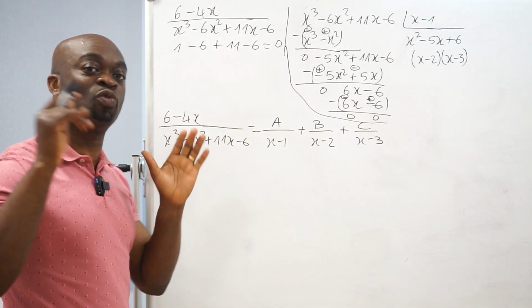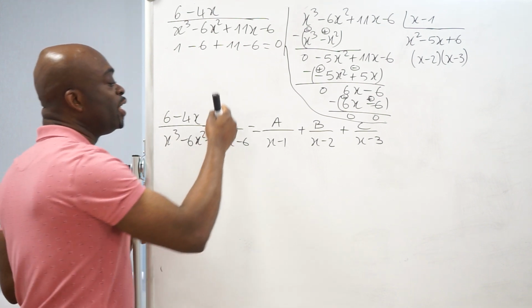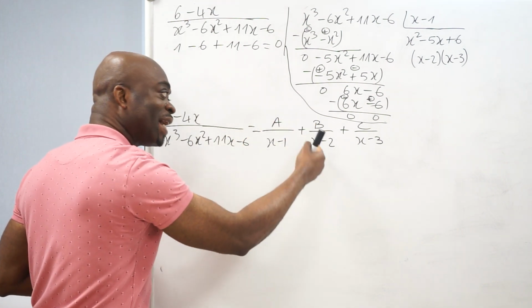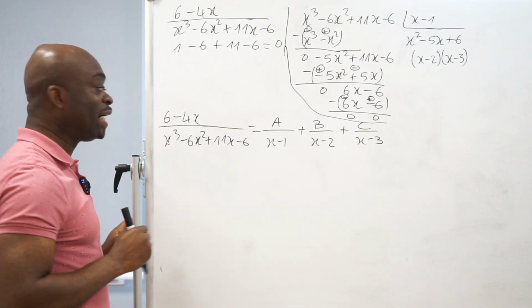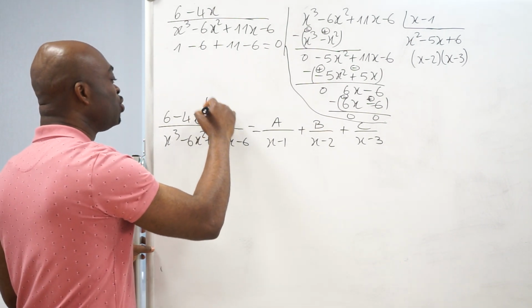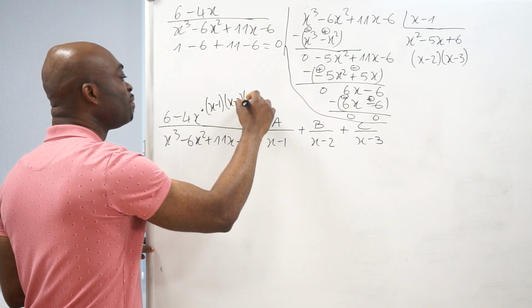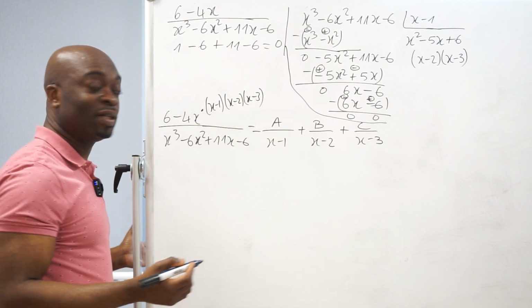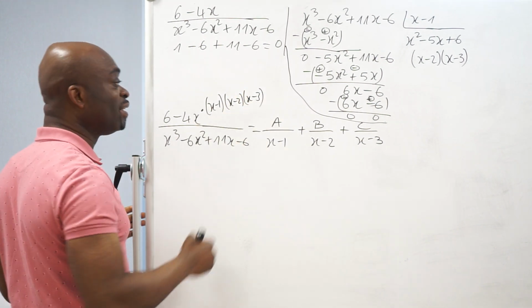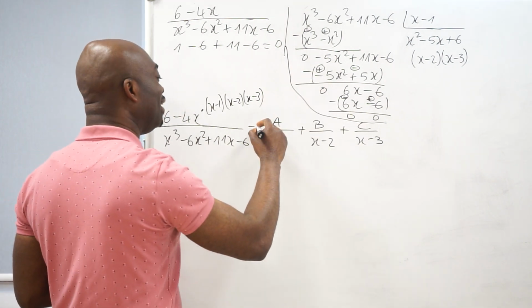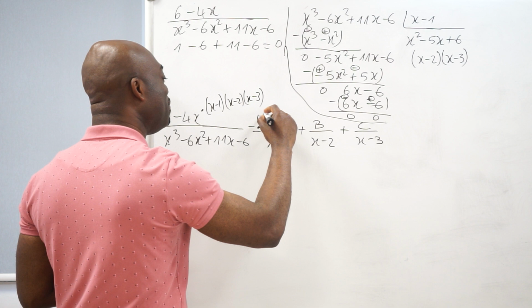Again, ladies and gentlemen, this is where many people make mistakes. We multiply by this one here, the second, and then the third. So that pretty much means you're doing x minus 1, x minus 2, x minus 3. Same thing you're doing for the second, for the third, and then for the fourth one there. Now we don't have enough space here, so let me put this one here.